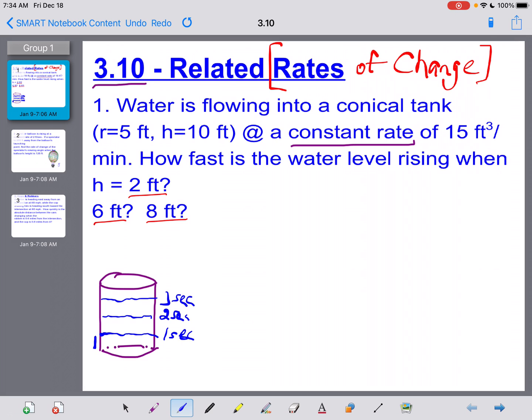The reason why is because every one of these circular cross sections of water, these little circles that I'm drawing representing the surface of the water at different times, is exactly the same size. So the water level is going to rise very predictably, assuming of course that our water is coming out of the faucet and into this glass at a constant rate.